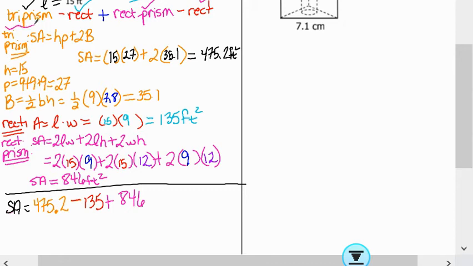I'm just getting this from right here above where I have my plan worked out, okay? Minus the rectangle that they have in common. So minus that 135 again.